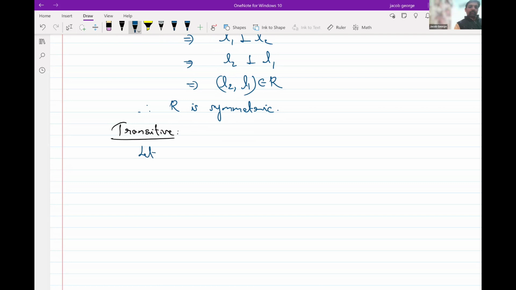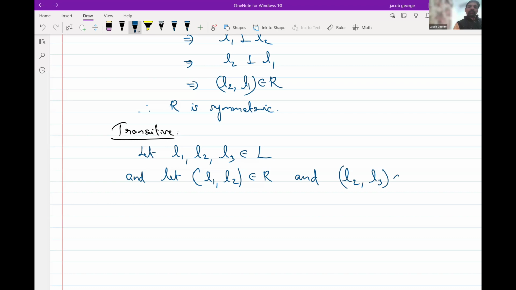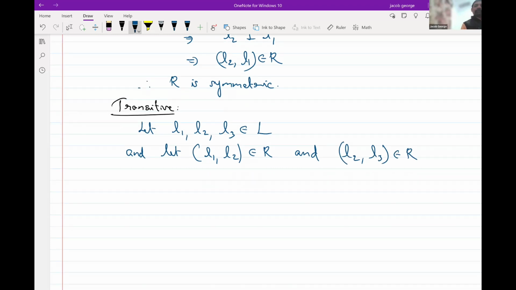Let L1, L2, L3 be elements of capital L, and let the ordered pair L1, L2 and L2, L3 be elements of R. L1, L2 element of R means L1 is perpendicular to L2, and L2 is perpendicular to L3.